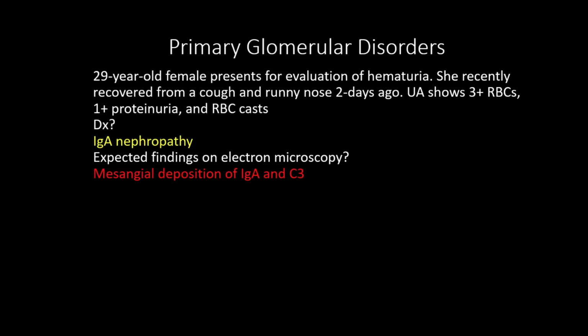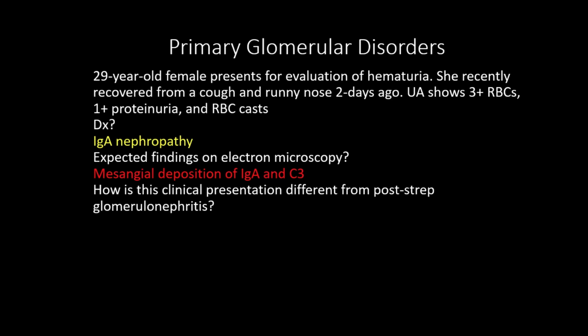Step one, it is good to know the patterns and the ways that they would describe it. So with membranous nephropathy, like we just mentioned, the spike and dome appearance on biopsy, as opposed to here, which would be a more linear mesangial deposition. A very high yield point is contrasting this with PSGN, or post-strep glomerulonephritis, or PIGN, post-infectious glomerulonephritis.